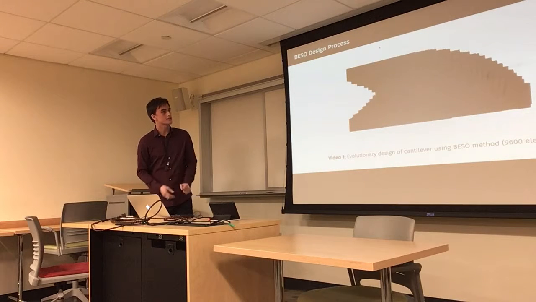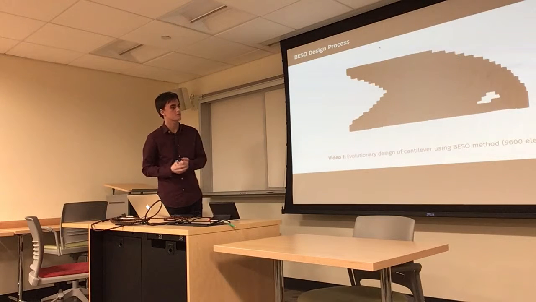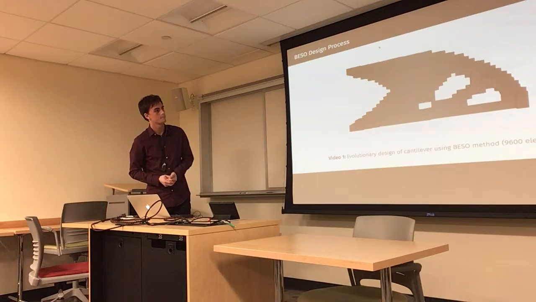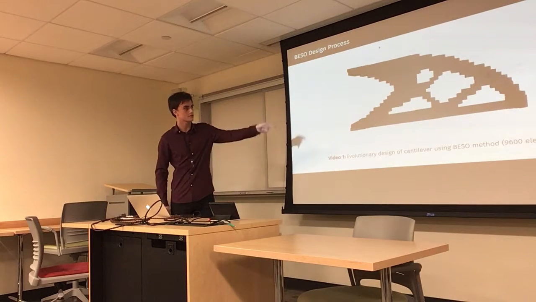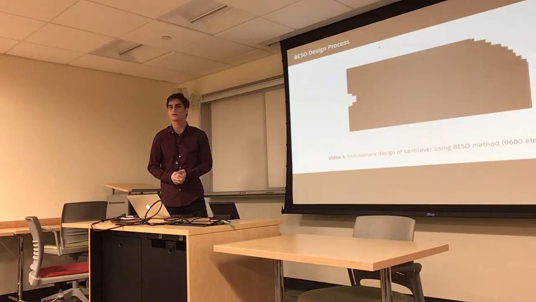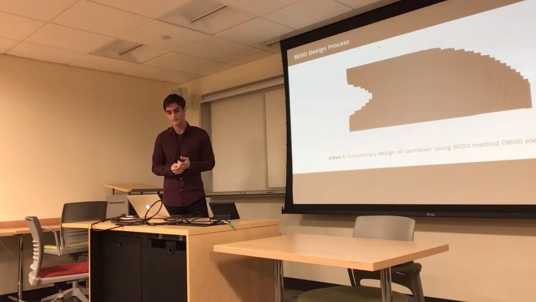So here is an animation of that cantilever beam that we discussed. Here you can see it slowly carving out material, and it creates these organic looking structures or holes in the middle, kind of like what you saw in the Autodesk design for the thing.